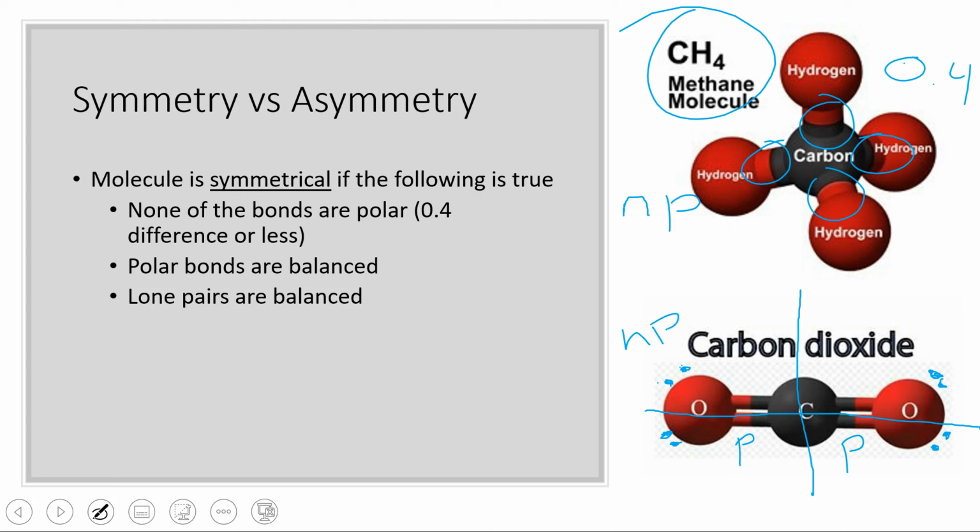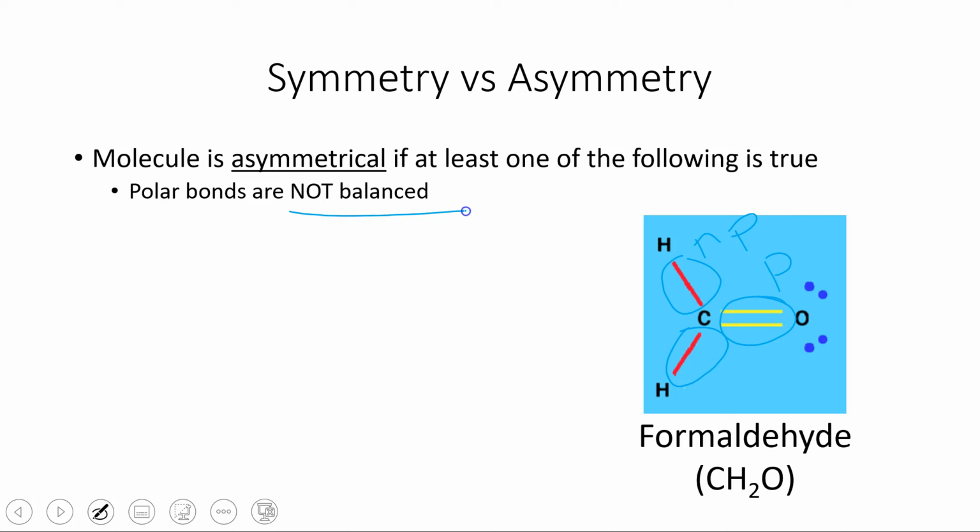So we end up with part of our molecule having polar bonds and the other side of that molecule having non-polar bonds. So they are not balanced, right? Likewise, we could end up with a molecule in which the lone pairs are not balanced. So again, with our formaldehyde, you'll notice that our lone pairs are isolated to one part of that molecule. Okay, so therefore we have an imbalance in our lone pairs. That also makes it asymmetrical.